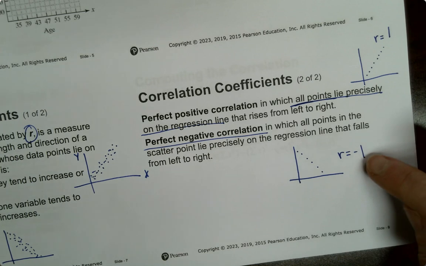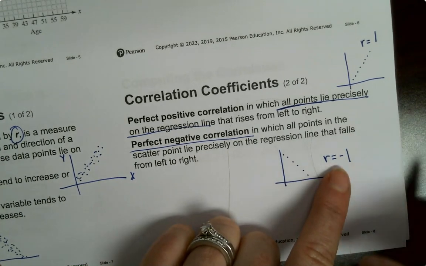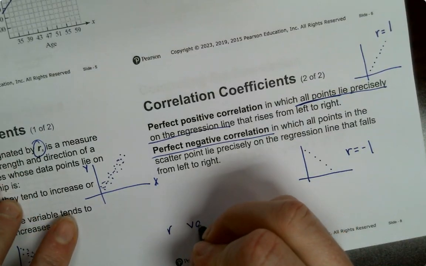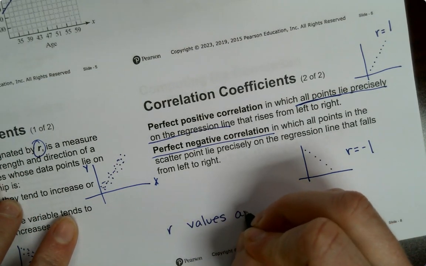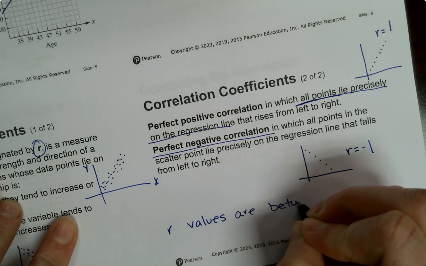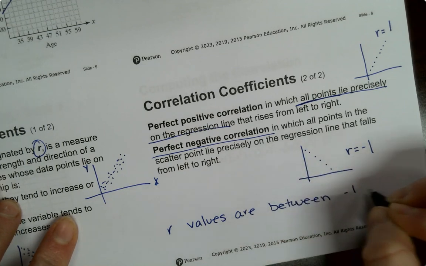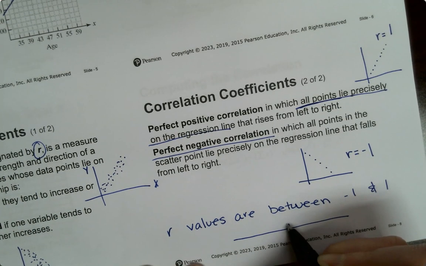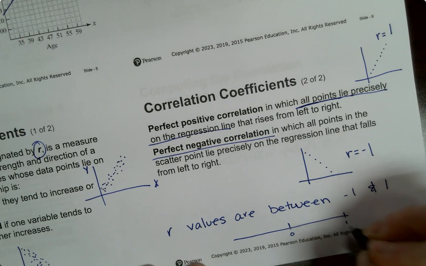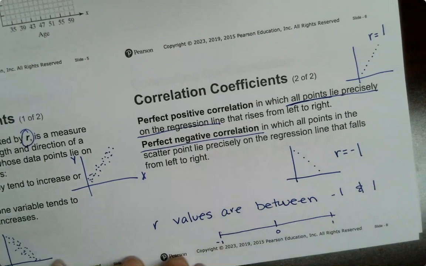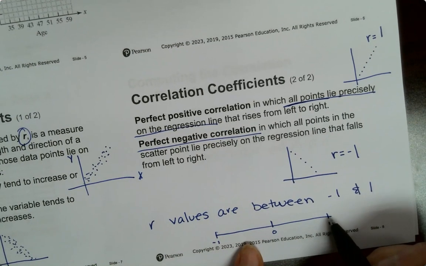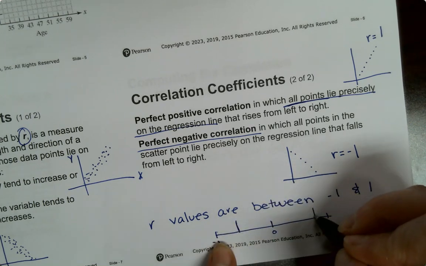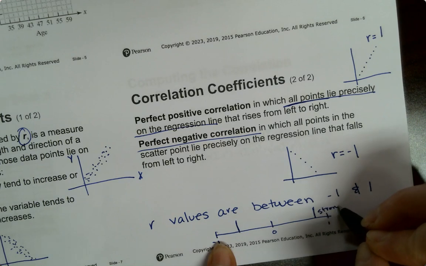So this tells us what our values are going to be. They're going to be between -1 and +1. So if you have this number line where you have 0 in the middle, +1 here, -1 here, anything close to +1 or -1 is considered strong.